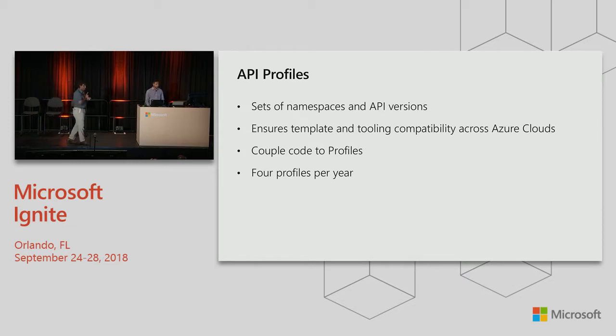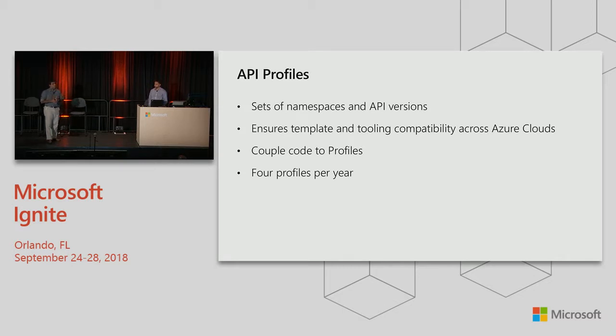Seriously, beyond belief. What we've done is to make sure that we create these containers, these aggregates, and we've thrown a bunch of API versions in them. These containers are what we call an API profile. An API profile is a hash table, so to speak, of namespace to an API version across all namespaces available to us in Azure and Azure Stack.